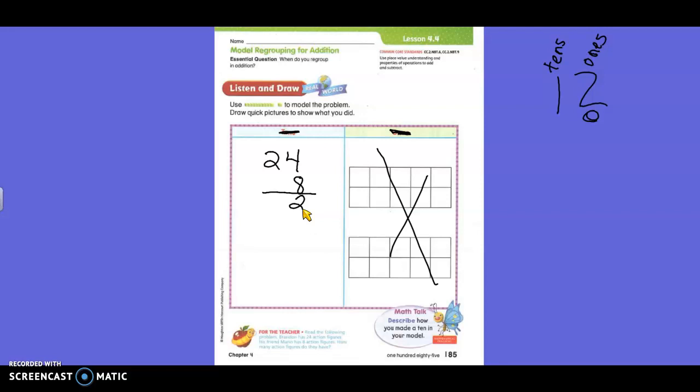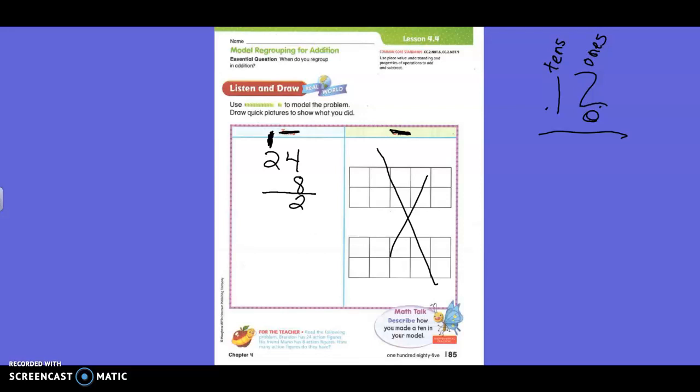But the 1 is the 10, so you have to put it on top of the 10s side. Okay? Because that's still showing 12. A 1 and a 2. That's how you write 12. Okay? But the 1 has to go on top of the 10s now. Then you can add the 10s together.